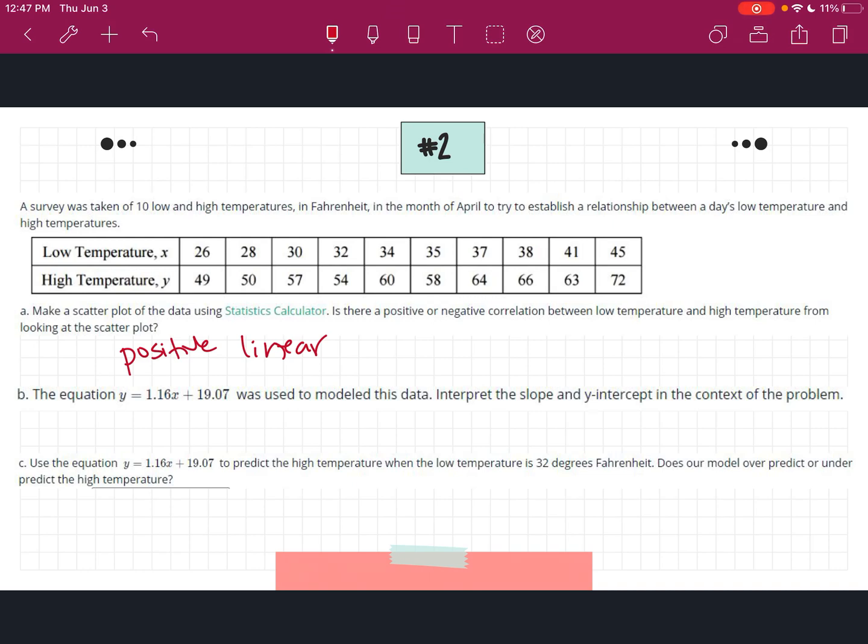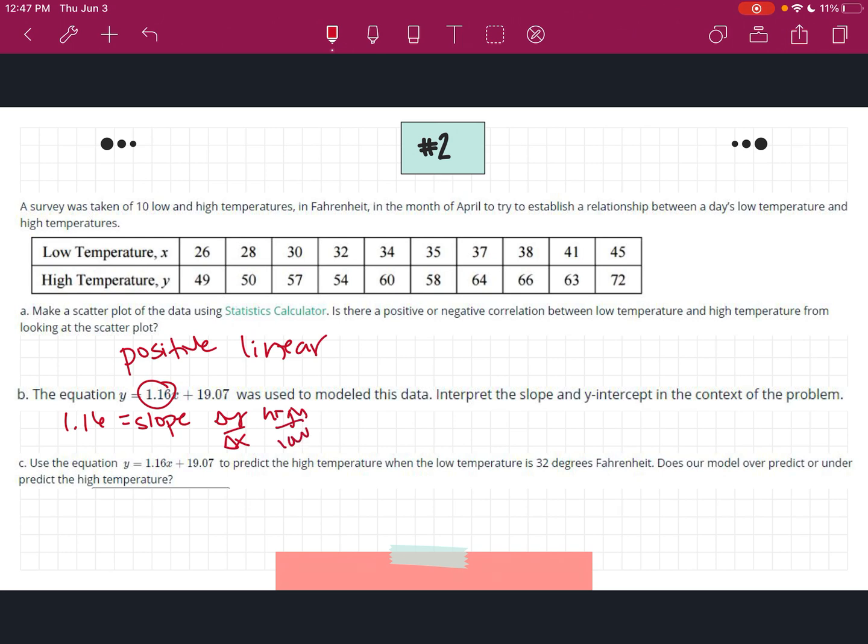All right, B, the equation y equals 1.16x plus 19.07 was used to model the data. Interpret the slope and the y-intercept in the context of the problem. So the slope is 1.16. Okay, it's always the number next to the x. Okay, and that's your change in y over change in x. So this describes the change in your high versus low.